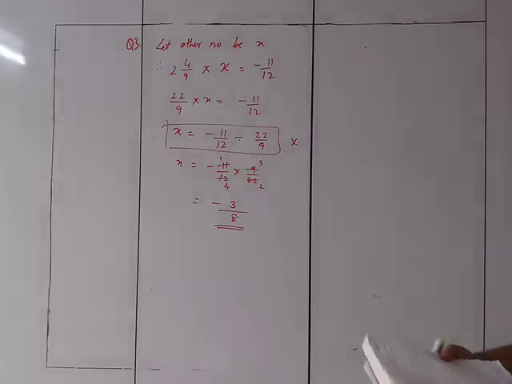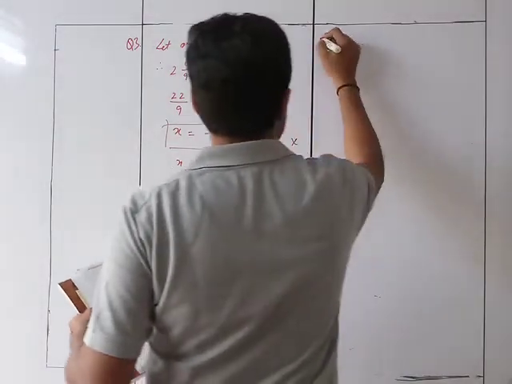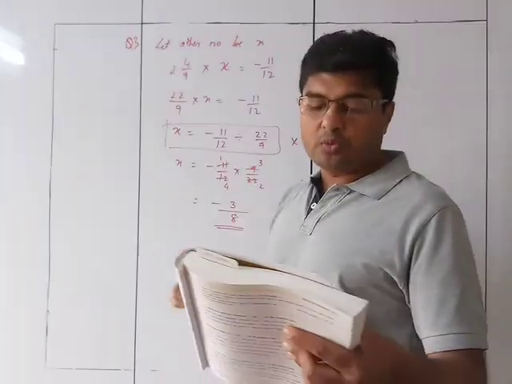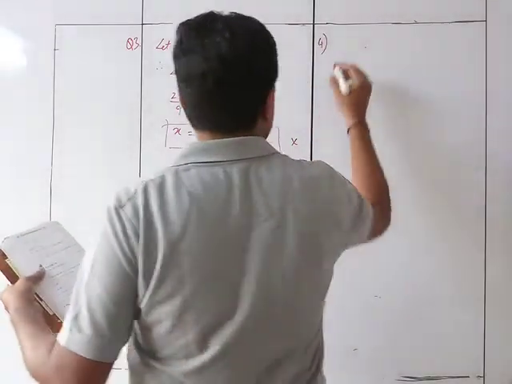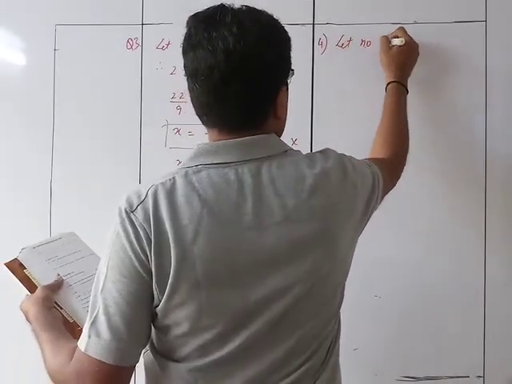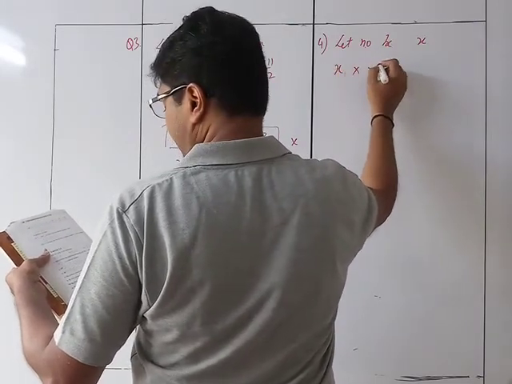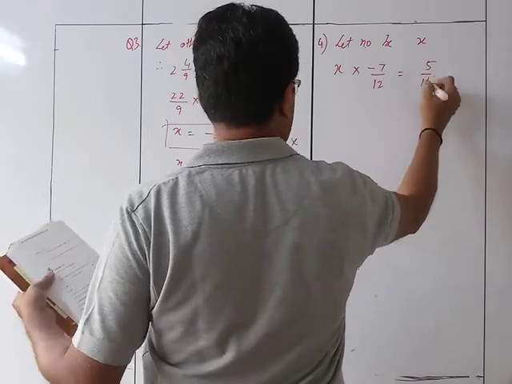Next we see is question number 4. Question 4 is, by what rational number should minus 7 upon 12 be multiplied to get the product as 5 upon 14? So let the number be x. We have got x into minus 7 upon 12 is equals to 5 upon 14.